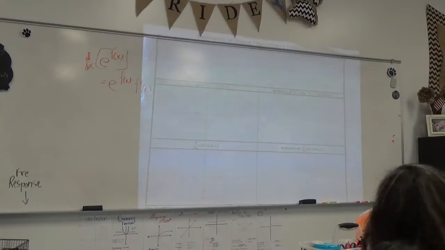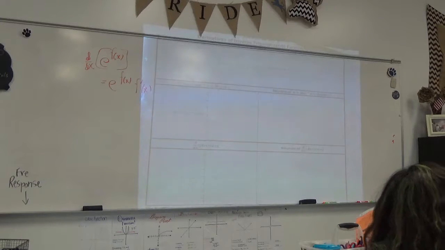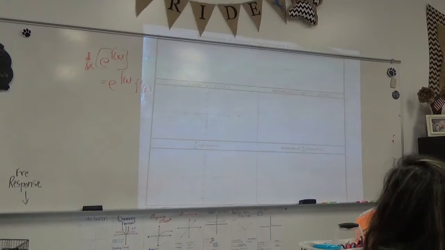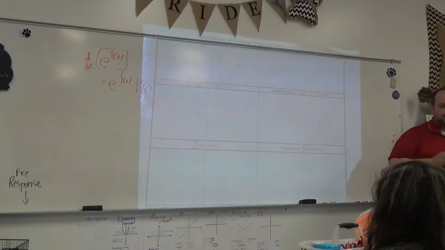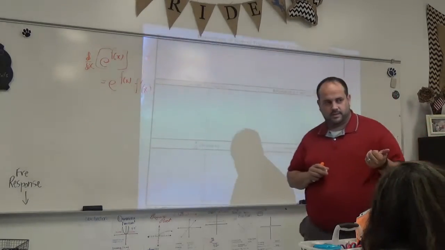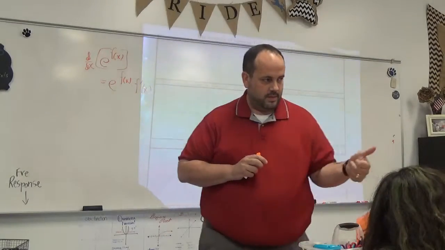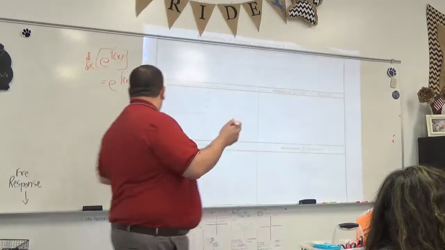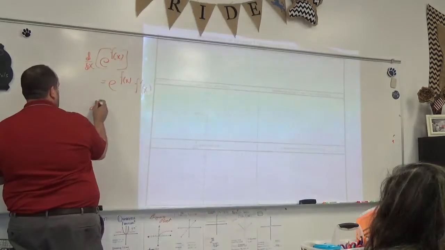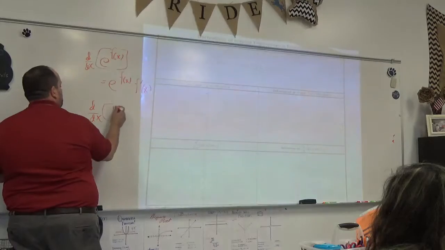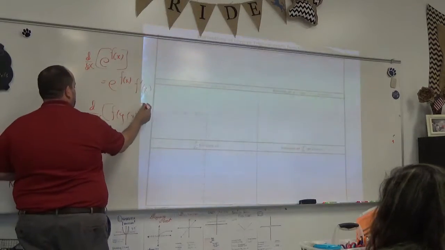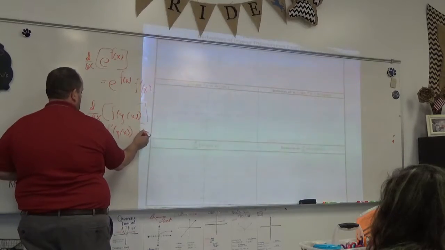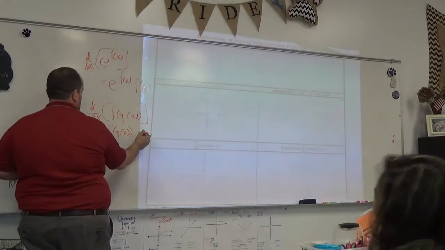Chain rule, f of g of x, the derivative there is going to be... Dennis: the derivative of the mama times g of x solo, and times the derivative of g of x.